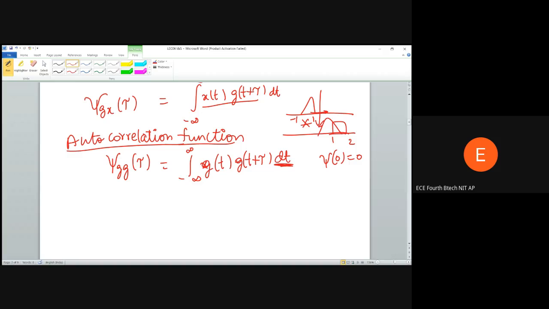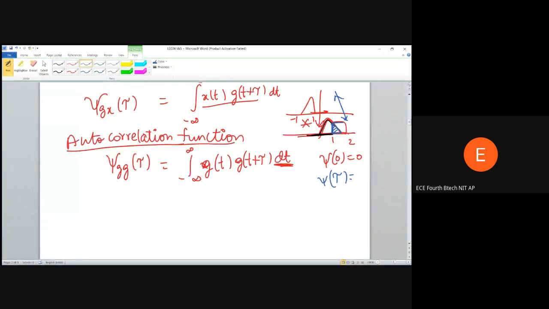After multiplying, this portion becomes 0, because for one signal it is 0 and for the other signal there is some amplitude. If I multiply the 0 signal with this portion, you get 0 only. So the only portion left with a non-zero value is this one, a simple triangle. If this is one multiplied with this triangle, you will get some area. So based on the shift value, that is the tau value, you will have some function. This is nothing but your cross correlation between two signals.